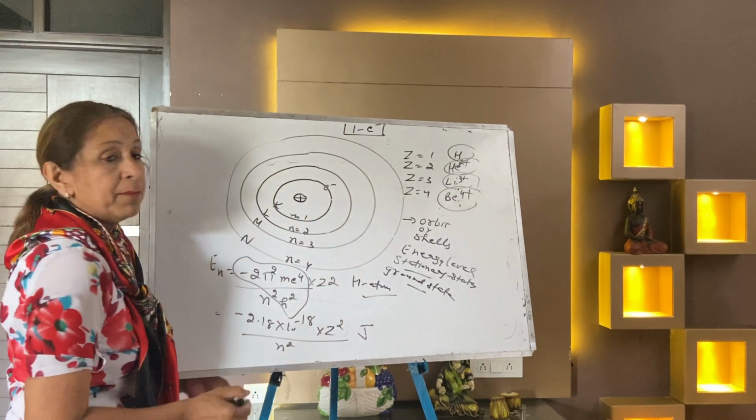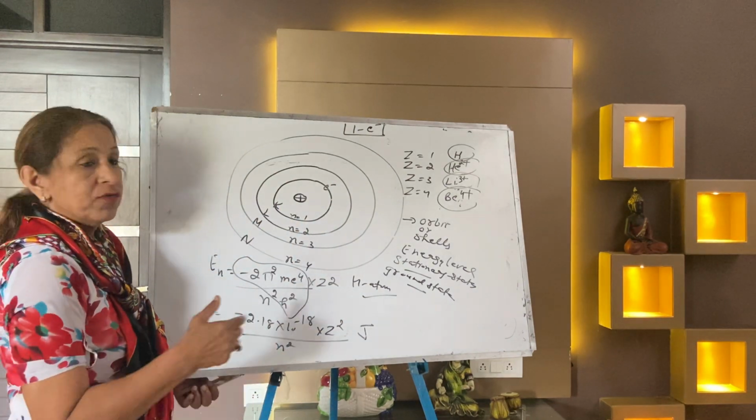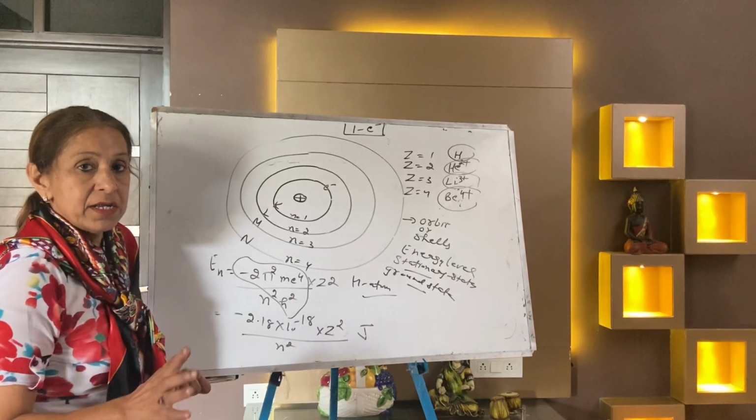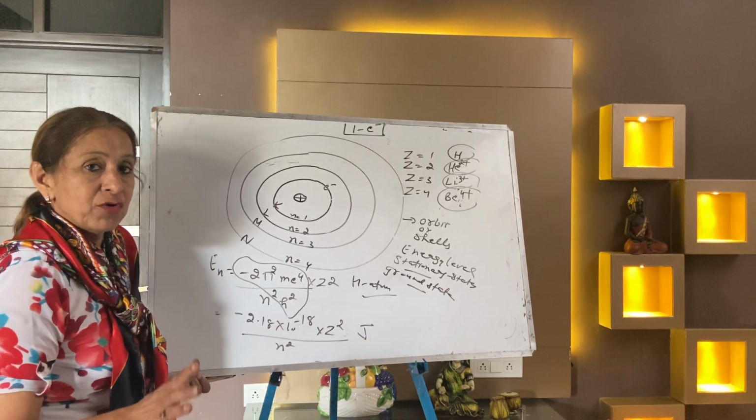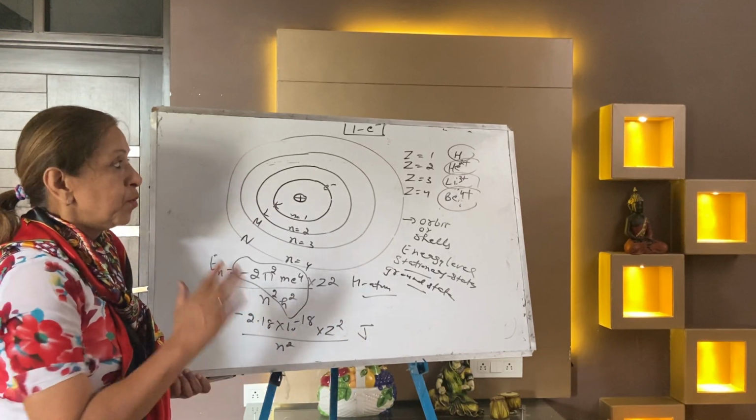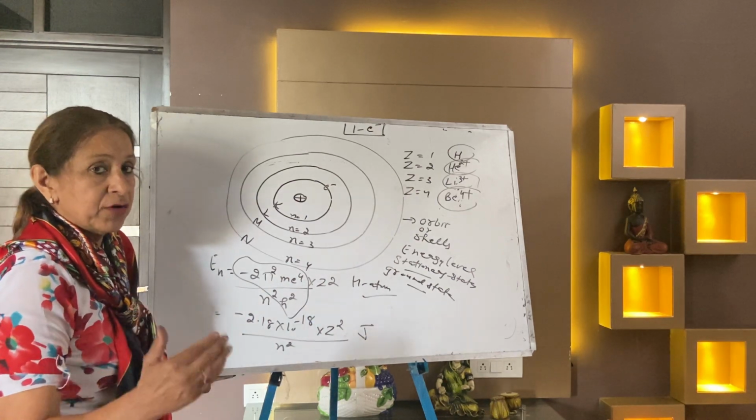Losing energy would become a continuous manner of losing energy. Again listen, this goes against your first postulate of Bohr's atomic model and the Rutherford atomic model.